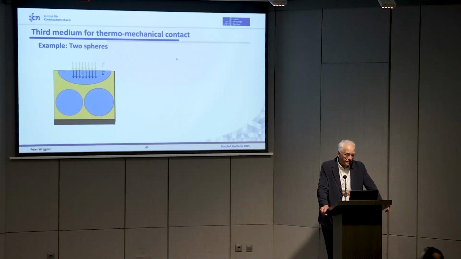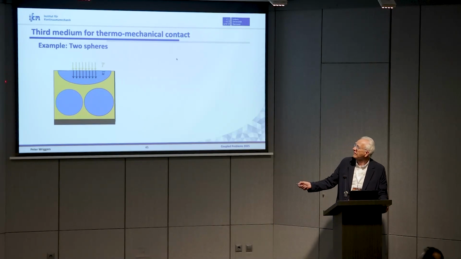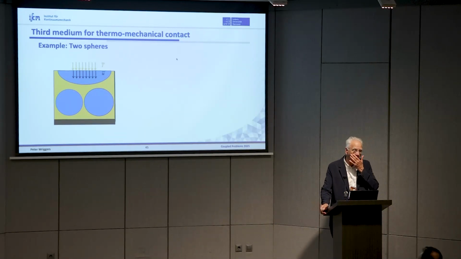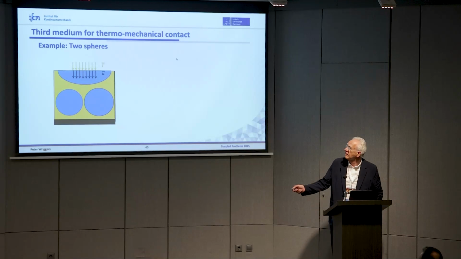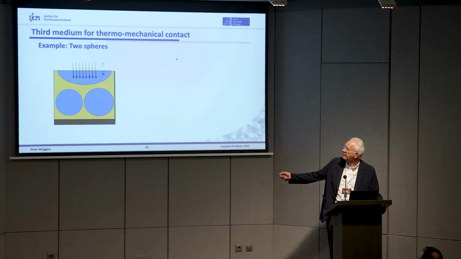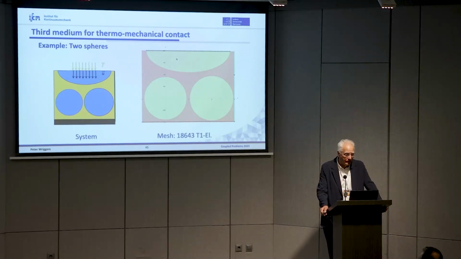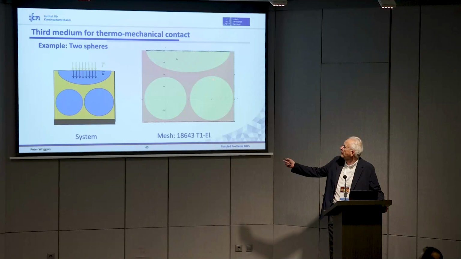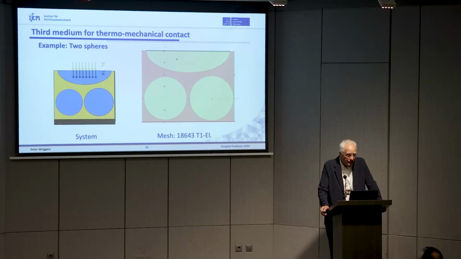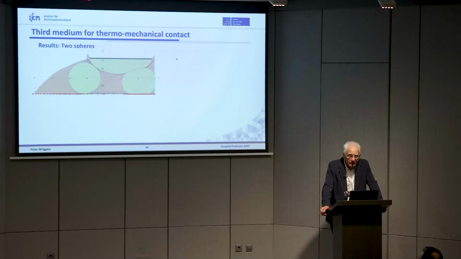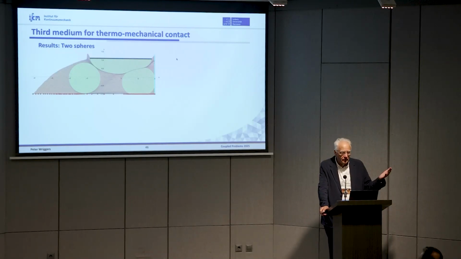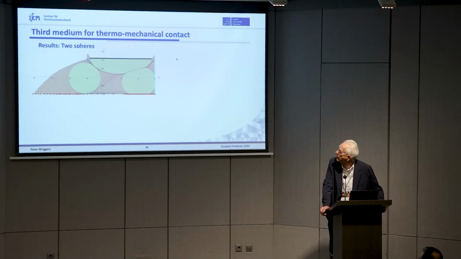The next part is, why don't we try the same problem that we tried before, the two spheres. Here this side is closed, this one is open, and we apply a temperature as well as a displacement. We have this type of mesh, which consists of linear triangles in this case, and again we obtain the solution, which of course looks like the same solution we had before for the two spheres.